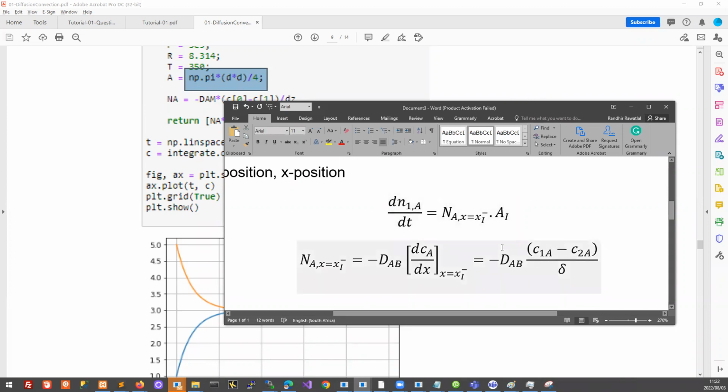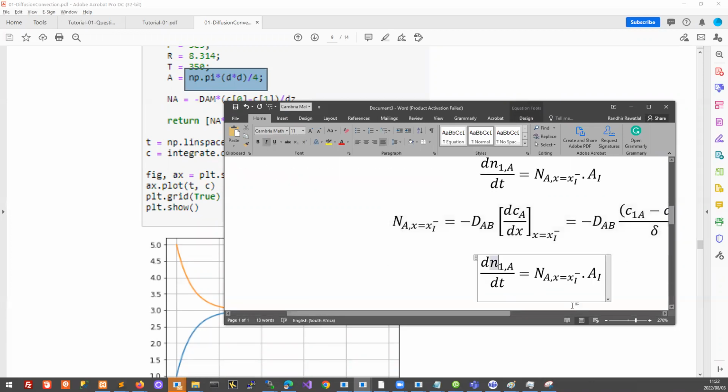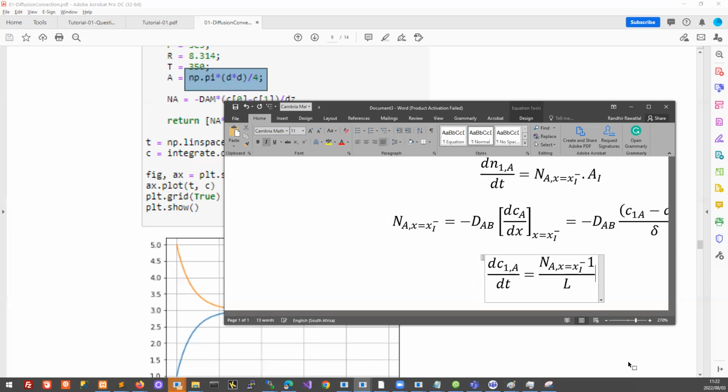So what we can do is just divide through by the volume. If we divide by the volume, we know that the volume is the area divided by the length. So we can divide this and get here C1A, and then the area will vanish, leaving us with 1 over the length of that space.